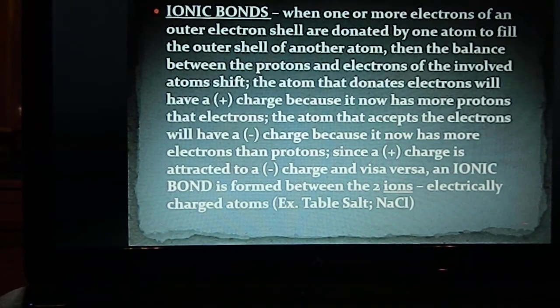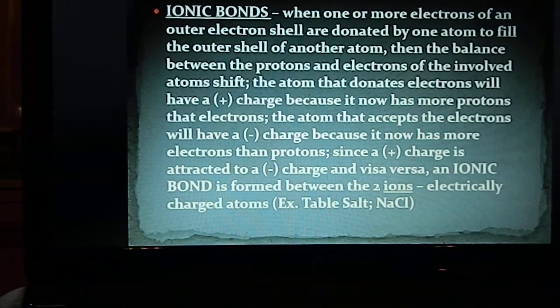Now you have filled outer shells for both of the elements. But if one has more protons than electrons, that atom will become an ion, and it will have a slight positive charge. Likewise, the one that got the electrons will have more electrons than protons, and it will have a slight negative charge, right?